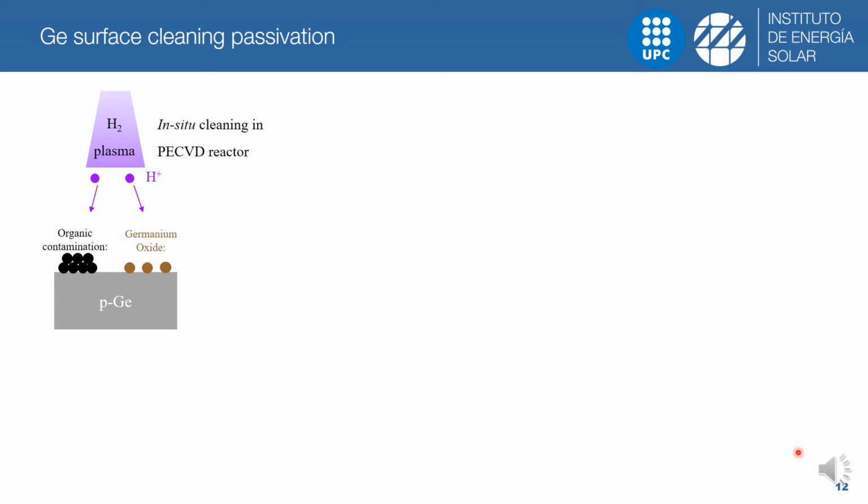In order to achieve good device performance when using germanium, it's of utmost importance to achieve a clean surface which has no organic contamination and no germanium oxide. This is especially important in the case of germanium, since germanium oxide is thermodynamically unstable and forms a very poor interface with germanium, which has a high density of surface states.